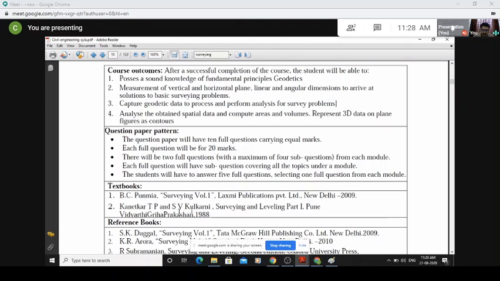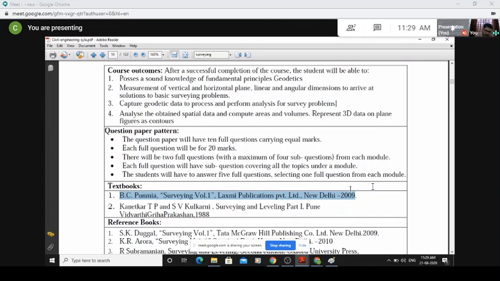And for the textbooks which you are going to refer, most of the people use this textbook by the author B.C. Punmiya. B.C. Punmiya is the author who has written the textbook, and the name of the textbook is Surveying Volume 1, right?